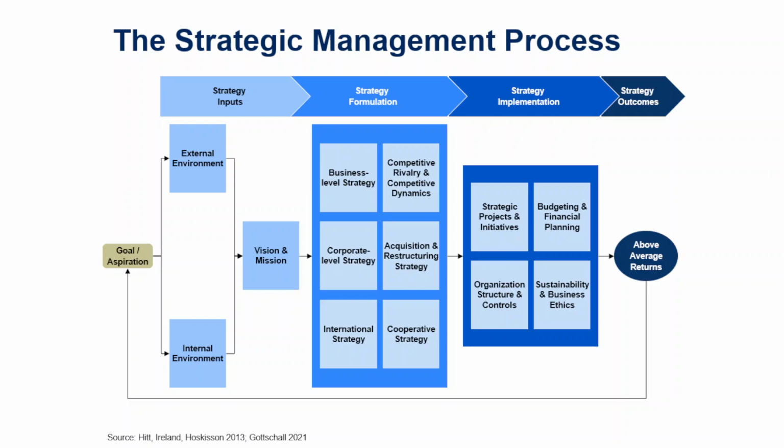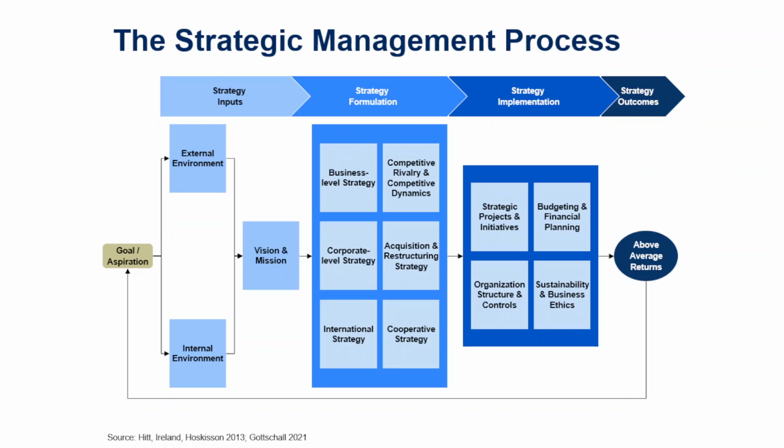Then once we have formulated that strategy and have produced a proper plan and a proper document, then we move on to strategy implementation. And here are four areas that we have to look at. One is to translate our strategy into concrete strategic projects and initiatives. Then these projects also have a consequence on the organization structure and the controls that we put in place.